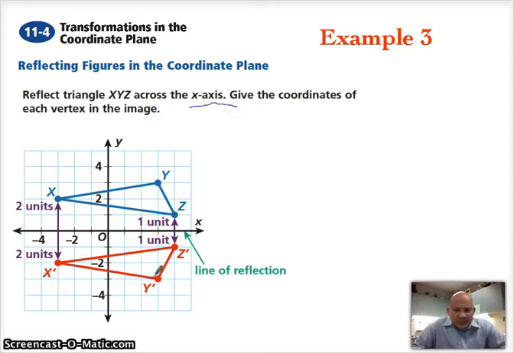So we do essentially the same thing. We locate how far these different vertices are from the x-axis and translate that information to the vertices on the other side, the reflected image. Okay, so don't worry about drawing this one out.